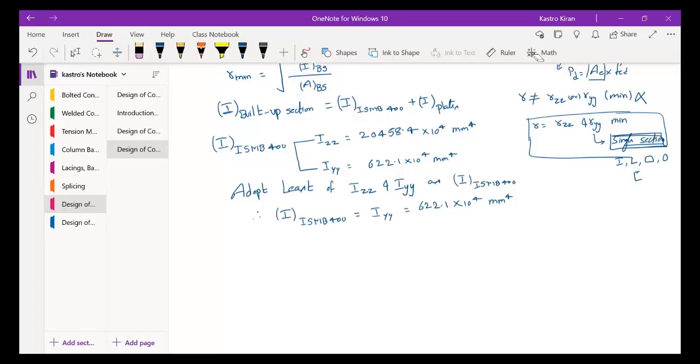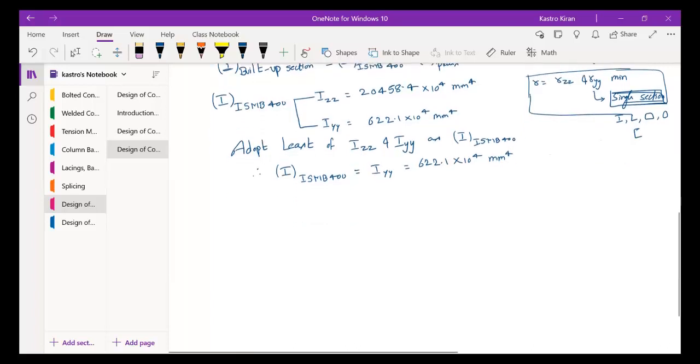Now we need to find the moment of inertia of plates, right? How to find the moment of inertia of plates? Suppose, for example, you consider this as a plate section. You have the ZZ axis, which is also called the XX axis, and you have the YY axis.